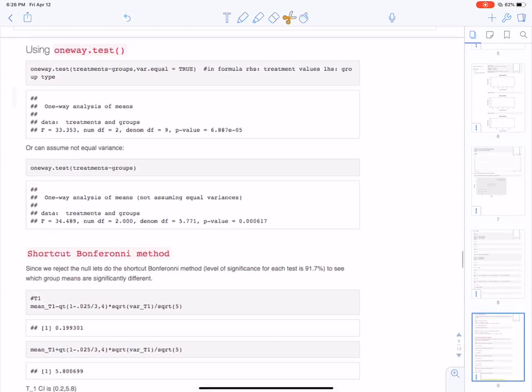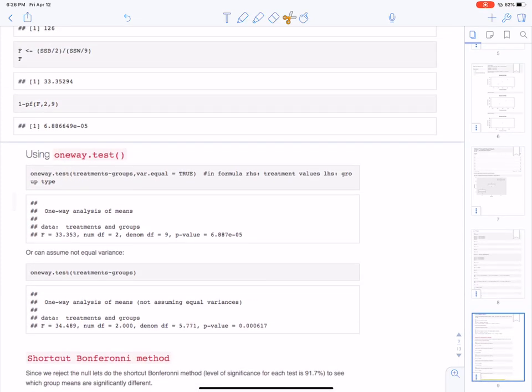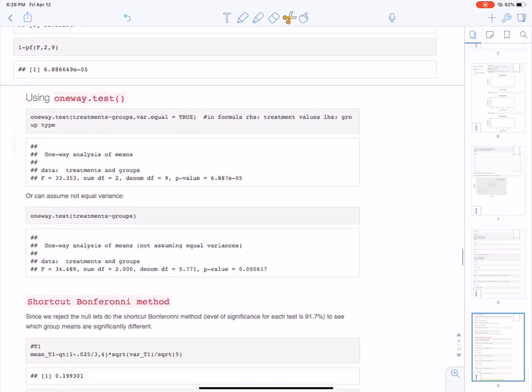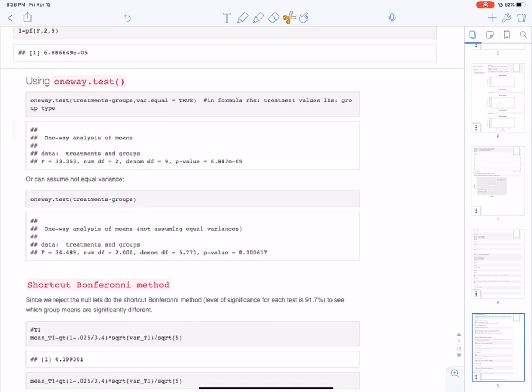You can automate this using one-way.test, and notice that you get the same answer if you set the option var.equal to true. If var.equal is false, then that treats the case when variances aren't equal.